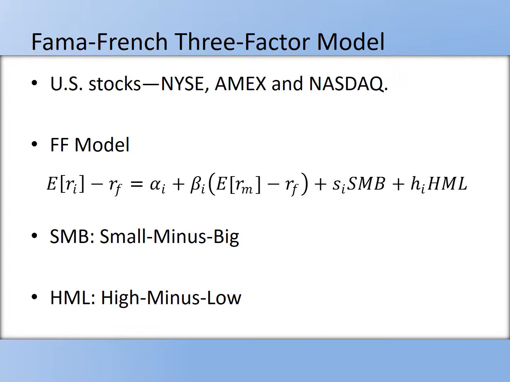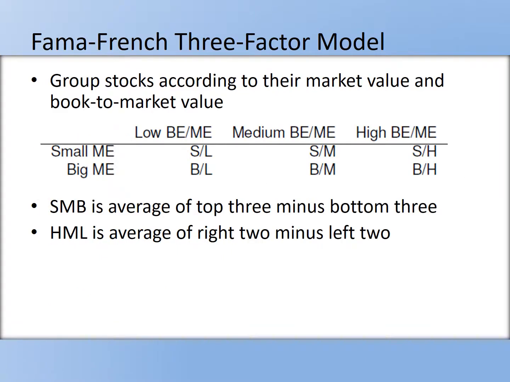And the factors are calculated as follows. The stocks in the United States are separated first into two equal groups based on size.